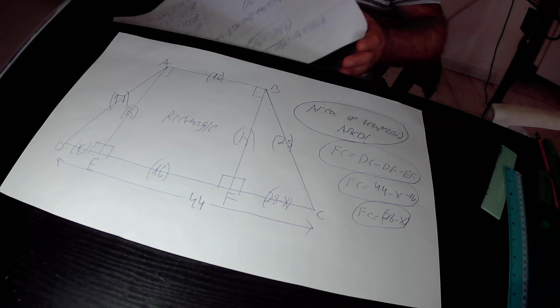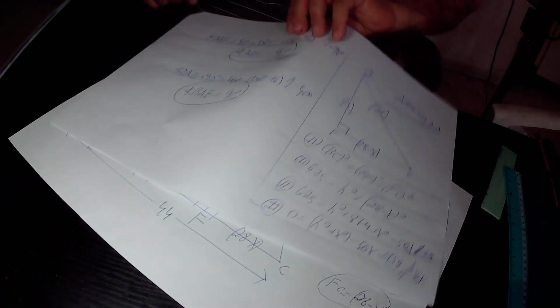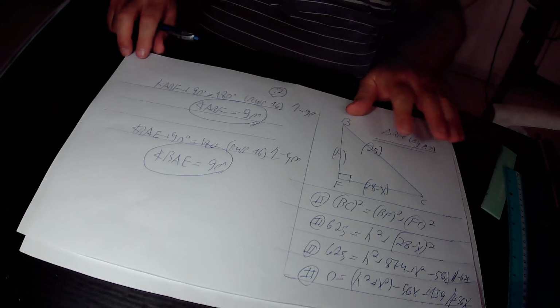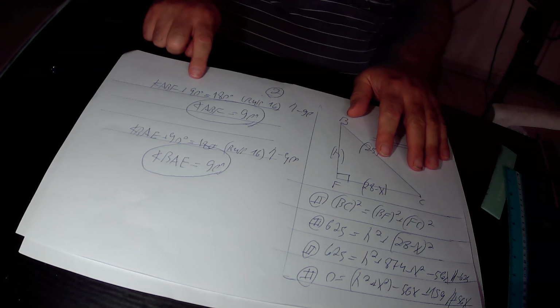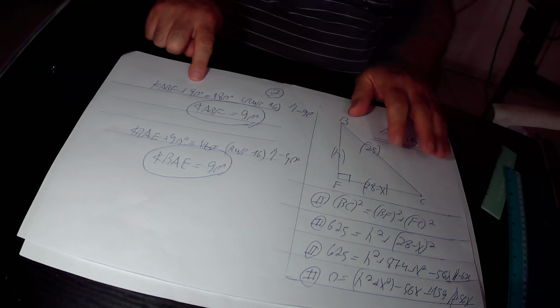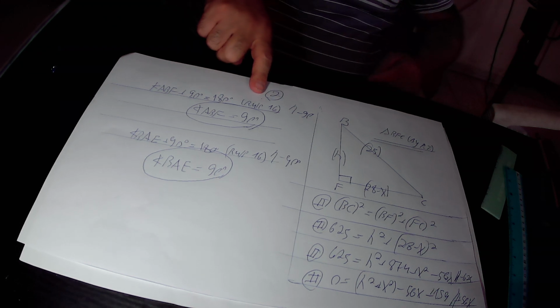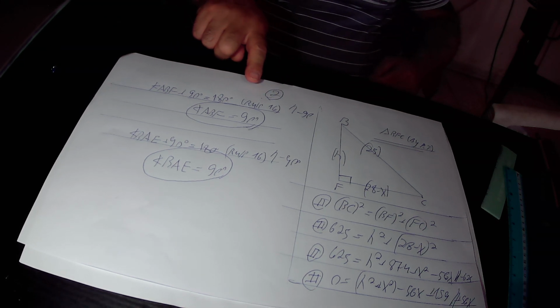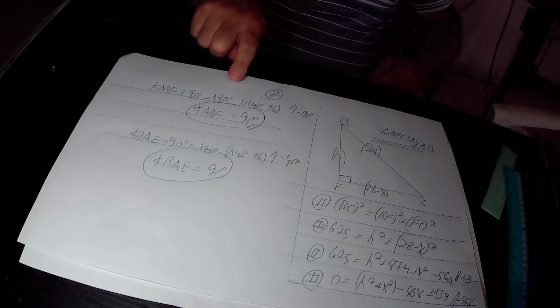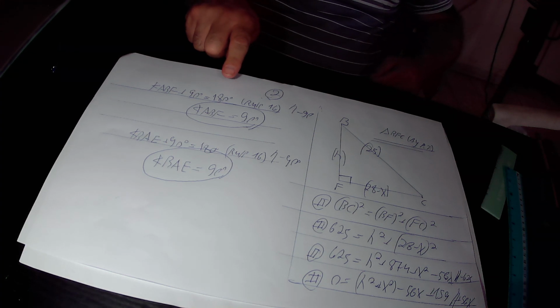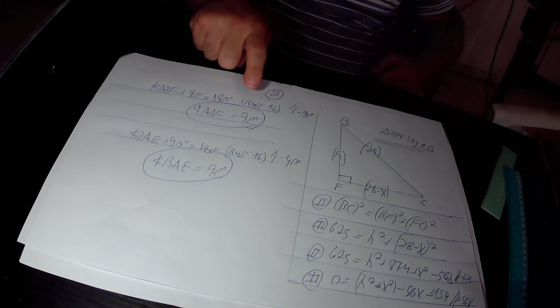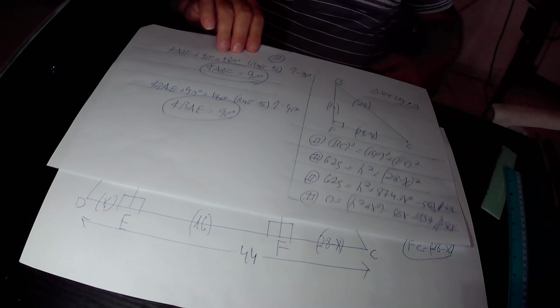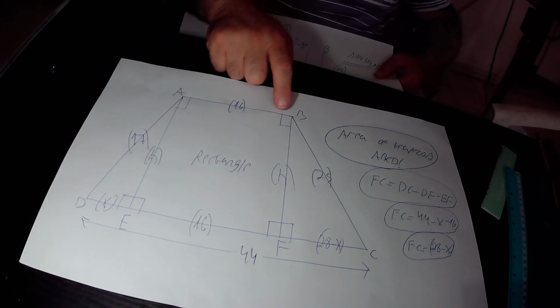So I repeat: the missing angle ABF plus the right angle in total must be equal to 180 degrees. Here we subtract 90 degrees from this equation and find that the missing angle ABF is equal to 180 degrees minus 90 degrees, which is 90 degrees. So the size of this missing angle ABF is 90 degrees.